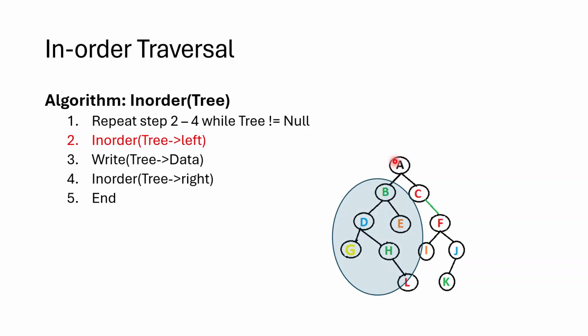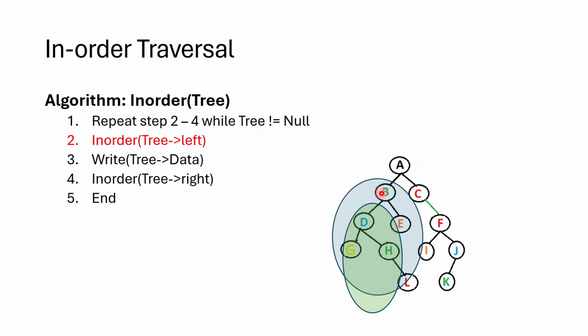In-order of the tree's left. For A, it's the left tree. Once again, what happens over here? The same function is called once again, in-order of the tree's left. So B becomes the root node. The tree B becomes the root now.